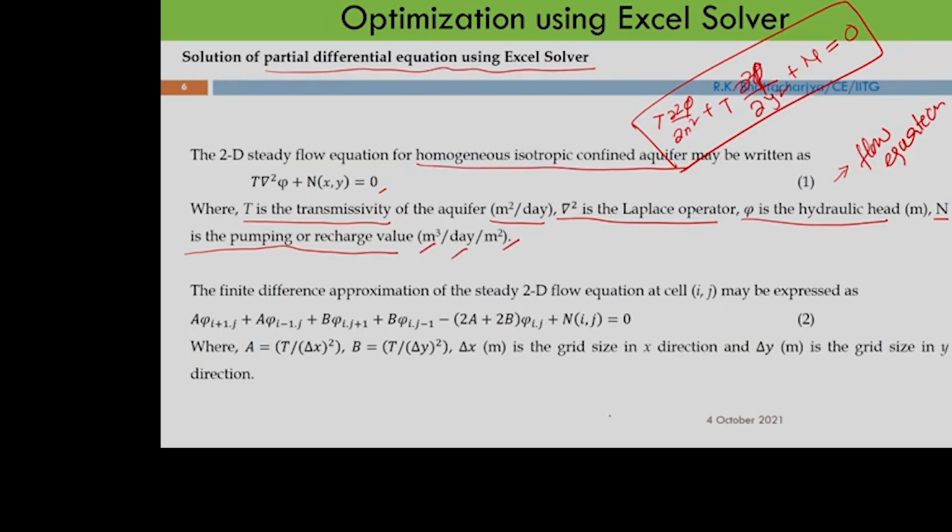How am I solving this equation? I am solving it using a finite difference approximation of this 2D flow equation.